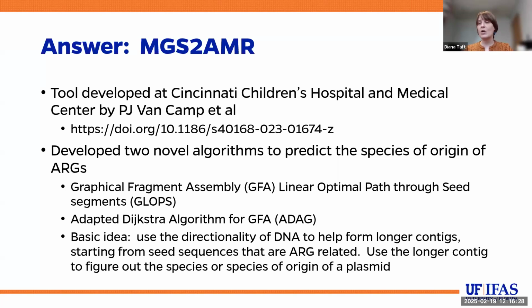And as you find longer segments of coverage that contain antimicrobial resistance genes, you can start to expand them out on either side to figure out what species this is in or what plasmid this is in. And based on that, you can figure out the origin of the plasmid.